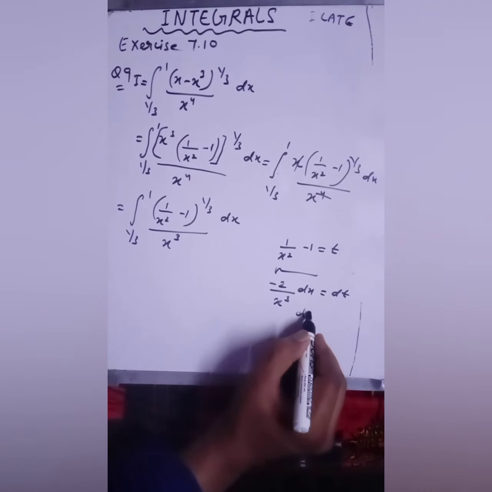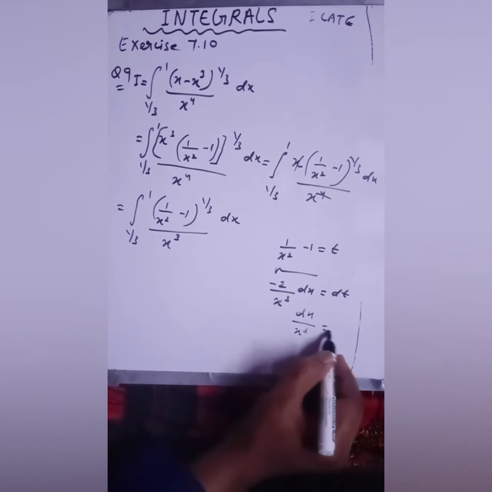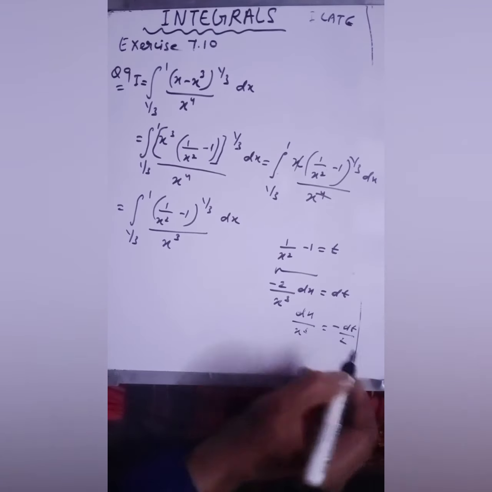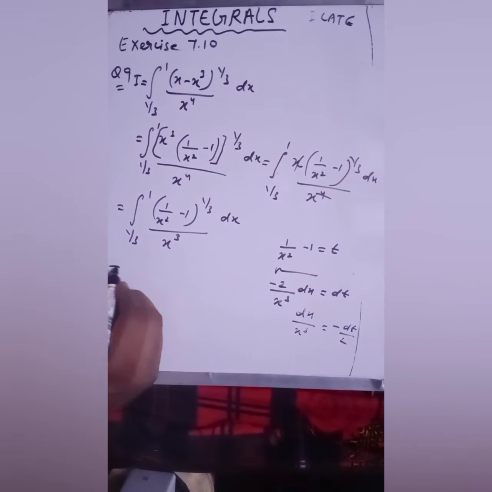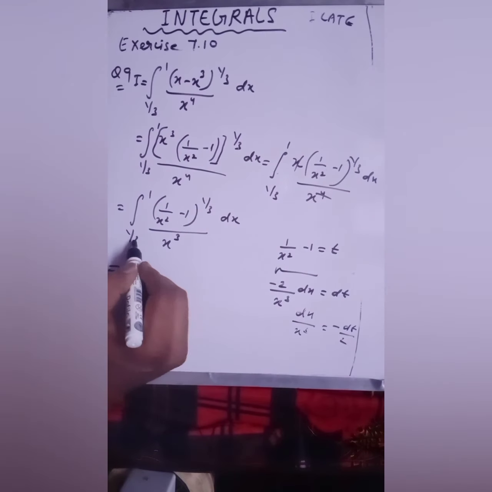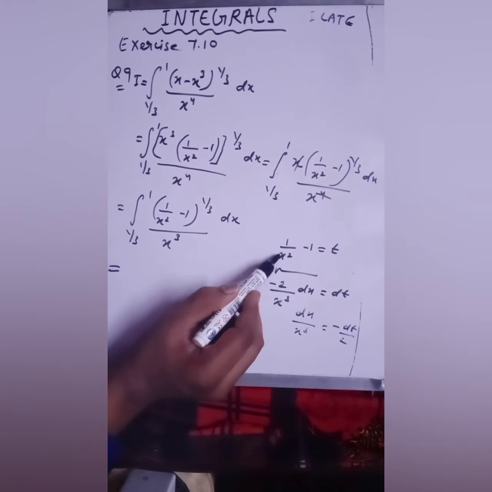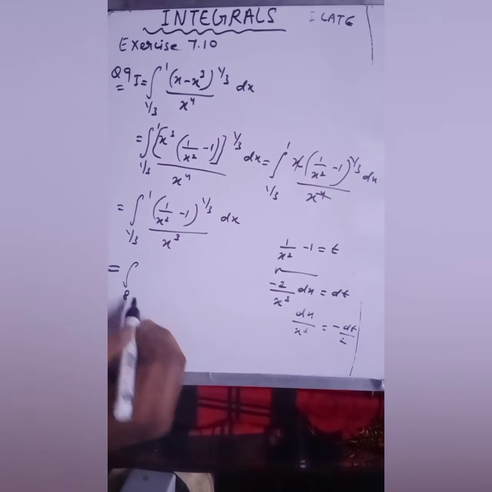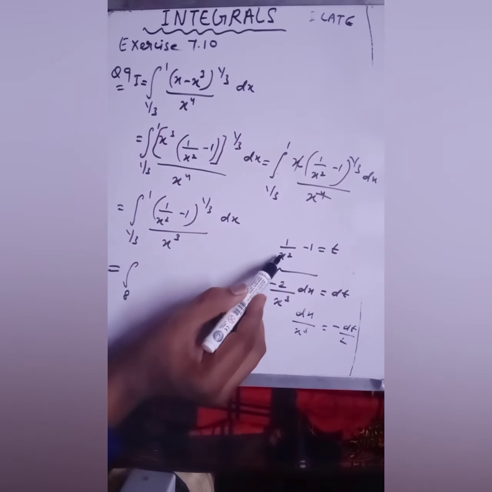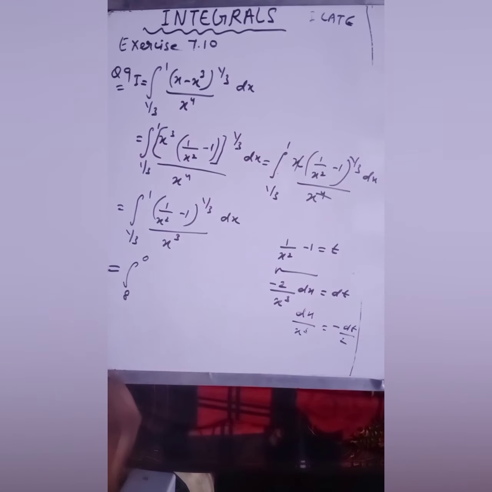So here dx over x cube equals minus dt by 2 you will get. So here we will put this value, and side by side we have to change the limits also. So when you put 1 by 3 here, this is 1 by 3, 1 by 9, so 9 will come, you will get 8 here. When you put 1 here, you will get 0. Fine.